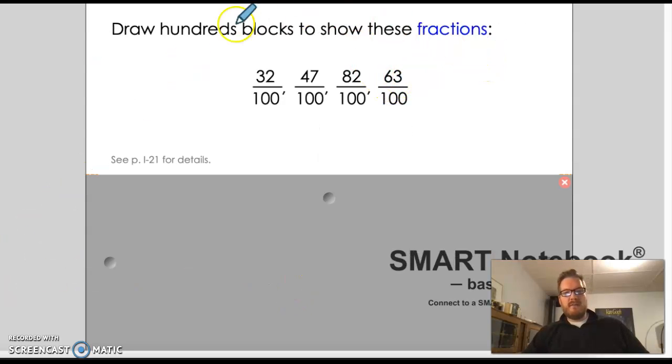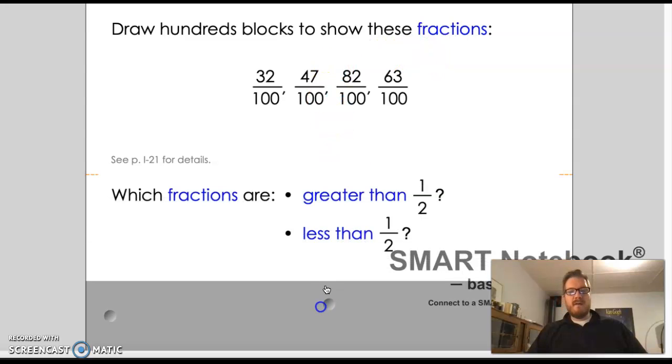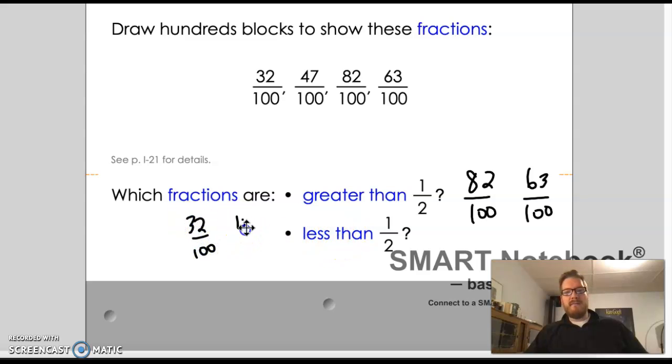And again, you can draw hundreds blocks to show these fractions. Which of these fractions are greater than 1/2? Well, 82 out of 100 would cover more than half, and 63 out of 100 would cover more than half. What about less than half? 32 out of 100 would cover less than half, and 47 out of 100 would cover less than half, less than 50 out of 100.